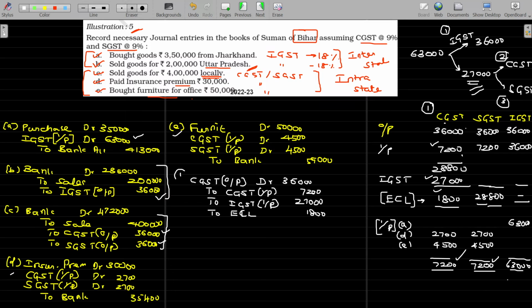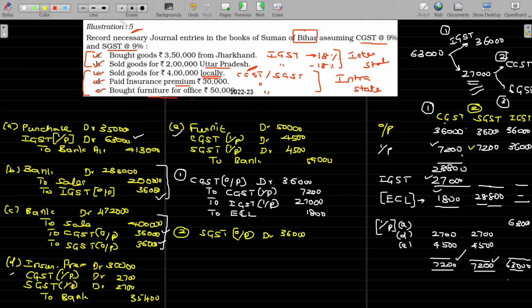Now I'll move on to the next one. SGST payment. The second entry being SGST output debit. How much is this? I had to pay 36,000.